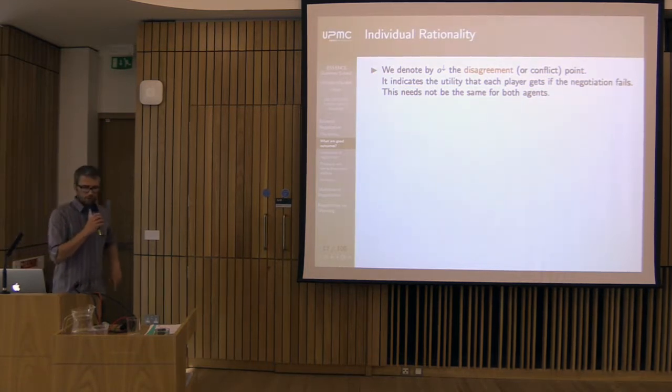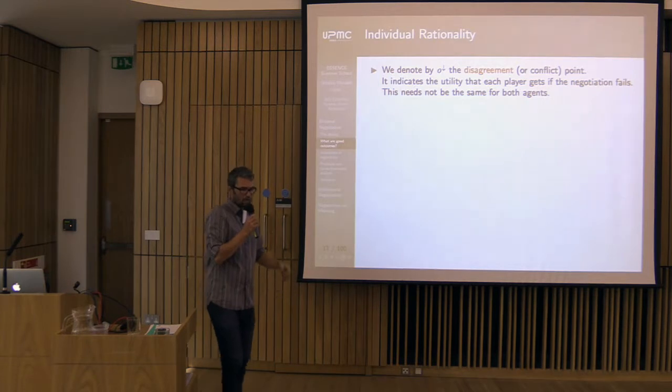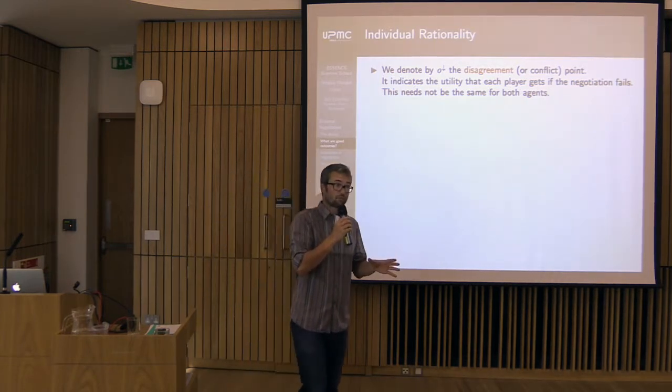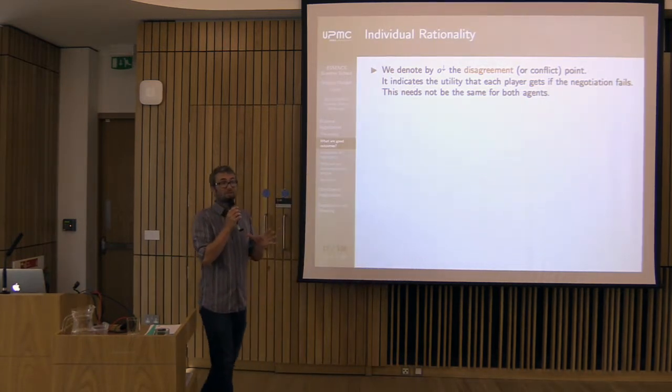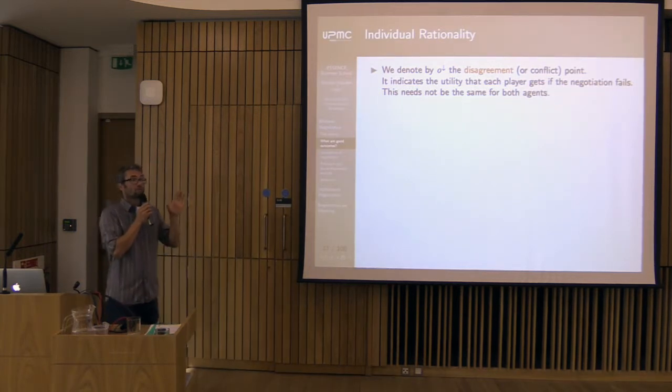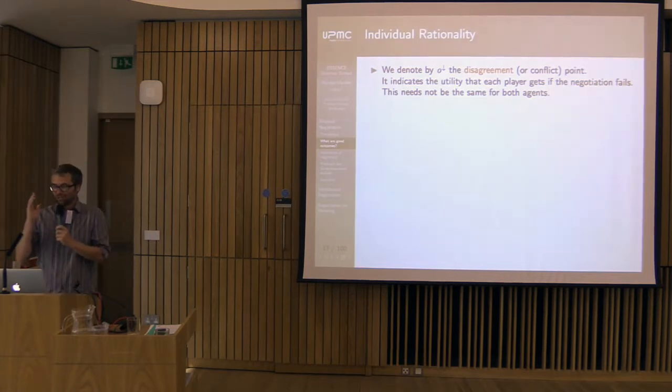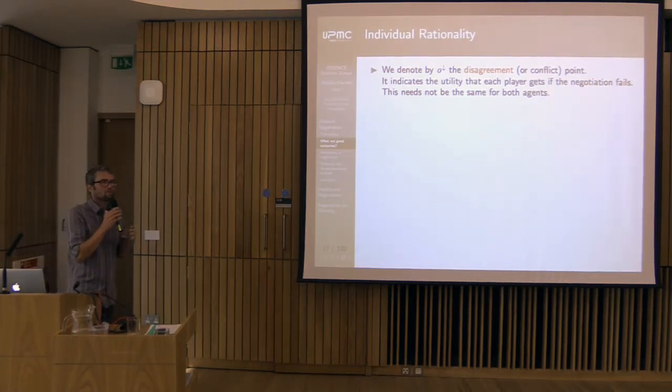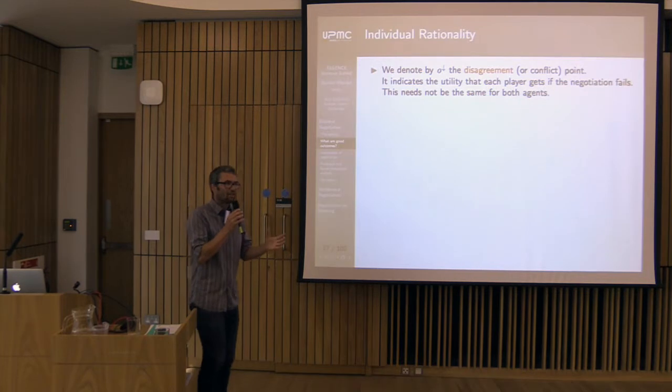Okay, so in negotiation, you typically have a point, which is the point of disagreement, which is what's going to happen if the negotiation fails. It's, again, a very critical issue, and sometimes it's not so clear what it means for people to fail in negotiation.